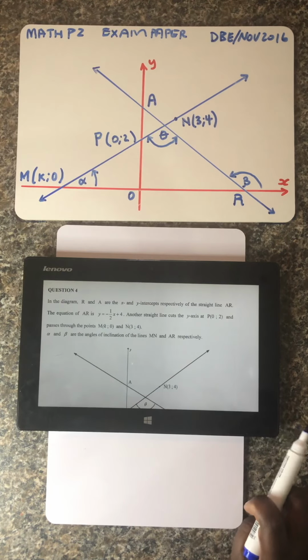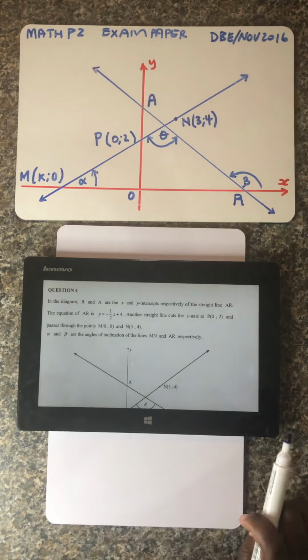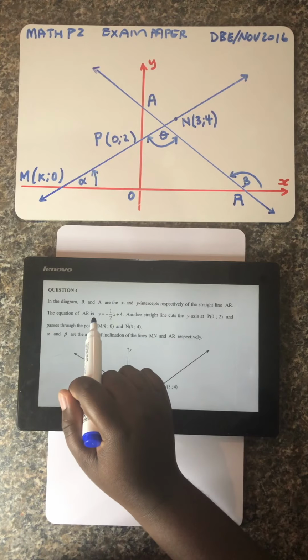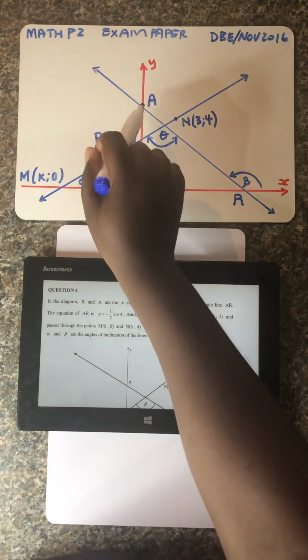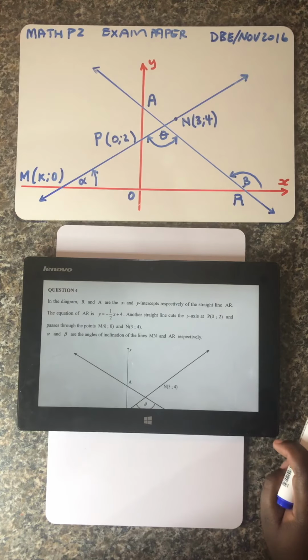So guys, let's just quickly refer to the diagram and go through that statement for the last time. So the equation of AR, where is AR? This is AR. y equals -1/2 x plus 4.